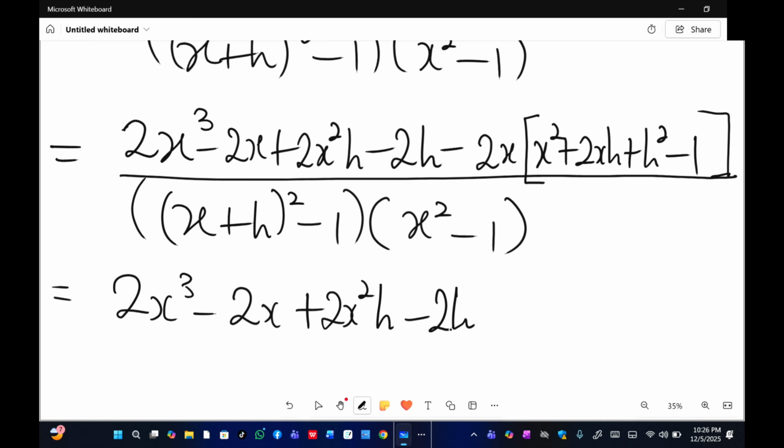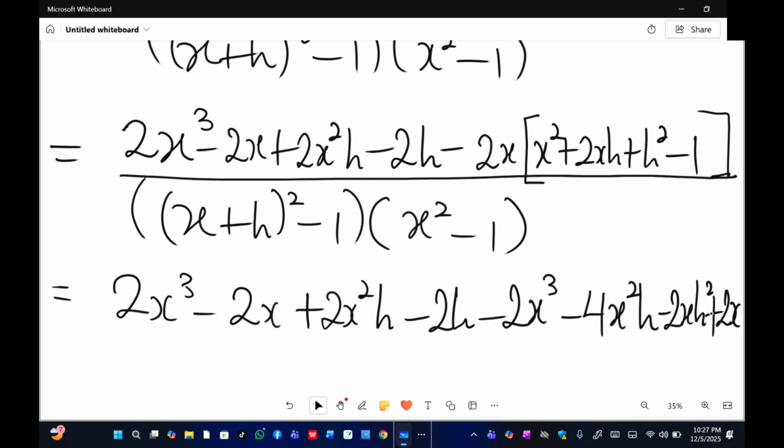Negative 2x times x squared will give us negative 2x cubed. Negative 2x times 2xh will give us negative 4x squared h. Then negative 2x times h squared will give us negative 2xh squared. Then we have negative 2x times negative 1, so we get plus 2x.